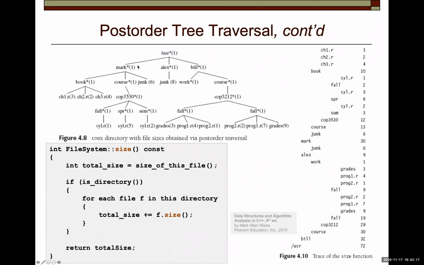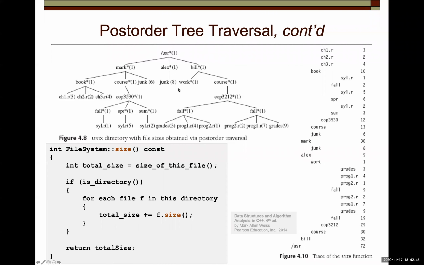That means we're done with this child, and coming back to user, we now take care of the second child. And of course, when we get to Alex, we have to visit its children first. That gives us junk is 8. There's the 8, and we add that to Alex, which gives us 9 for Alex. Then we come down to do Bill.